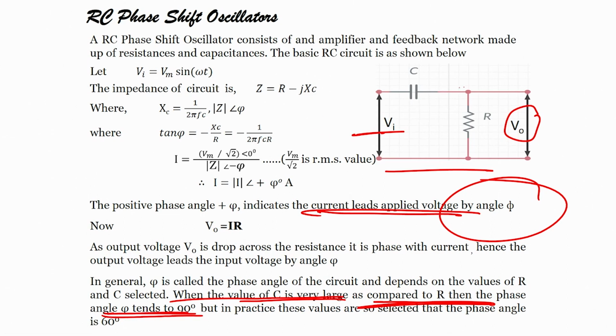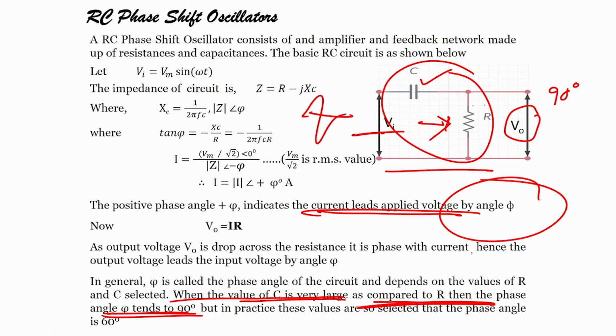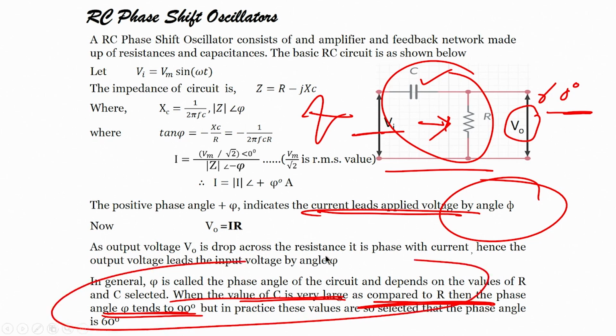That means, with one R and C, if C is extremely high compared to R, then my phase shift would be 90 degrees at the output. But in practice, the values are selected such that one RC provides a phase shift of 60 degrees.